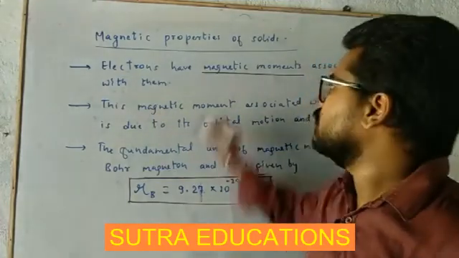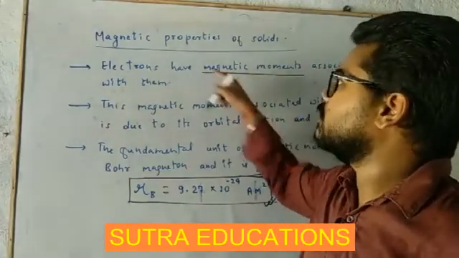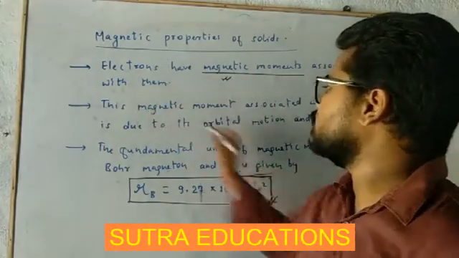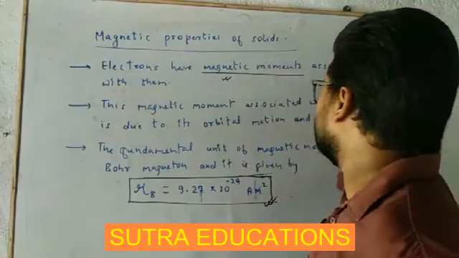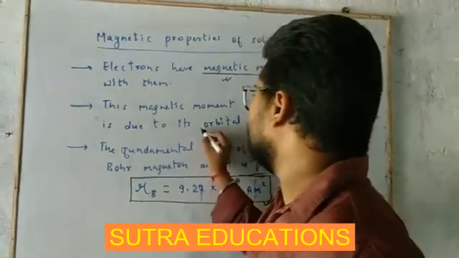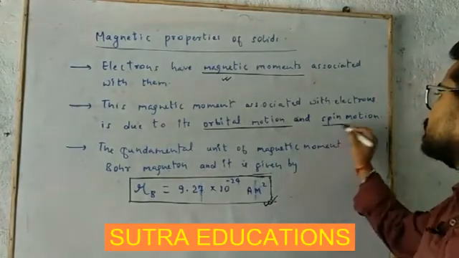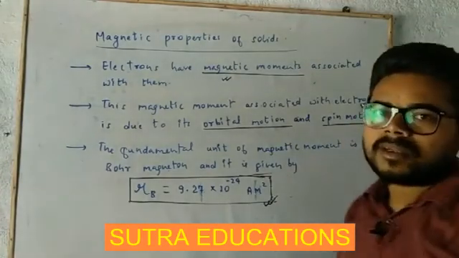This magnetic moment associated with electrons is due to its orbital motion and spin motion. We know this.